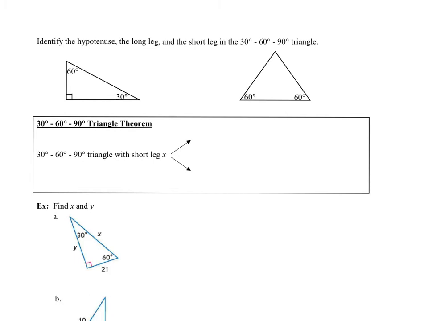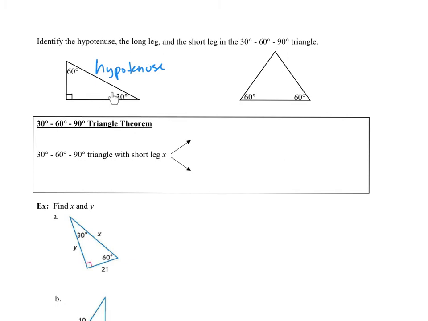So I think everybody knows which one the hypotenuse is. It would be the side that is opposite the 90-degree angle. The hypotenuse will always be the longest side. So this is our hypotenuse. Then we have a long leg and a short leg. Now, usually you can tell just by looking which one the short leg is and which one the long leg is, but the best way to identify a short leg is to find the 30-degree angle and look at the leg opposite that.